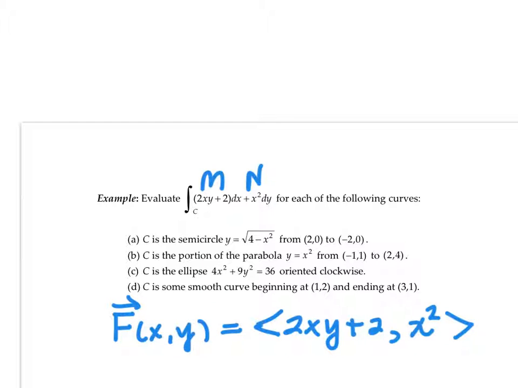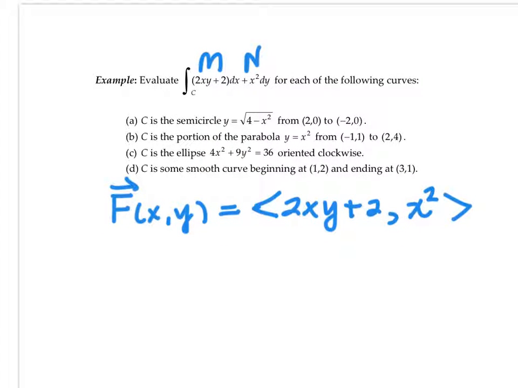Before we can use the fundamental theorem of line integrals, we have to make sure that this vector field is conservative, and remember that the test for determining if a two-dimensional vector field is conservative is that N sub x must equal M sub y.